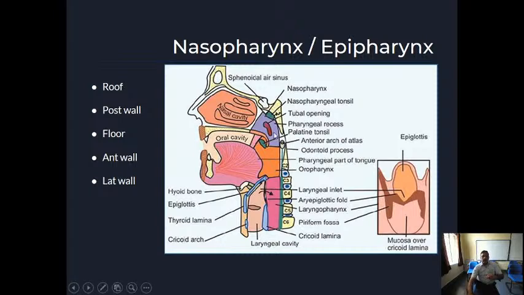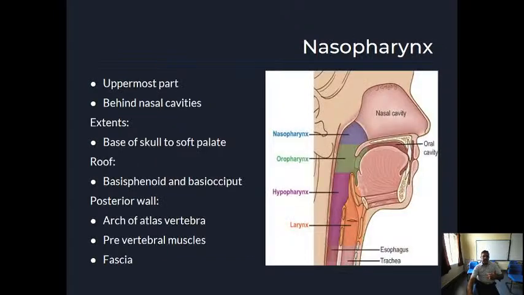Then we go into the lateral wall of the nasopharynx. This is another diagrammatic representation of the pharynx, how it is divided into nasopharynx, oropharynx, and hypopharynx. So these are the things which you should remember.